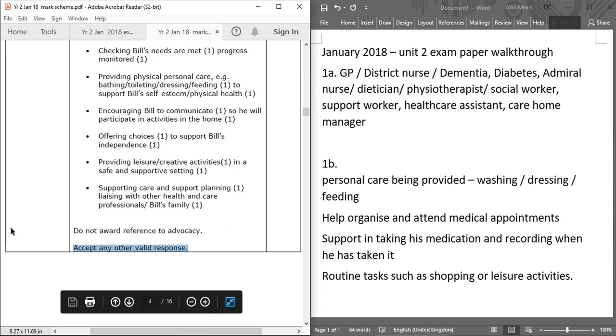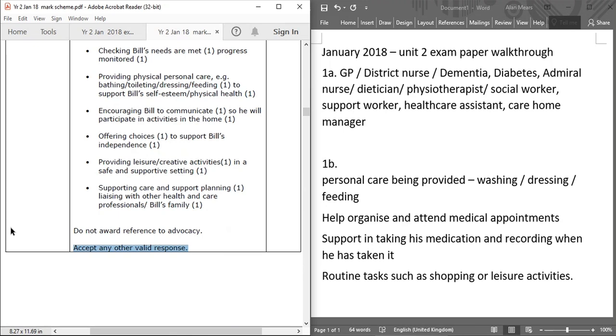That's my favourite phrase in the whole of these exam papers, because it gives you a lot more flexibility, but it also recognises that you can come up with some very good ideas that are not on the mark scheme. And as long as what you're saying is realistic, it's applicable to the case study, you've explained what you mean, then I feel you could be awarded marks.